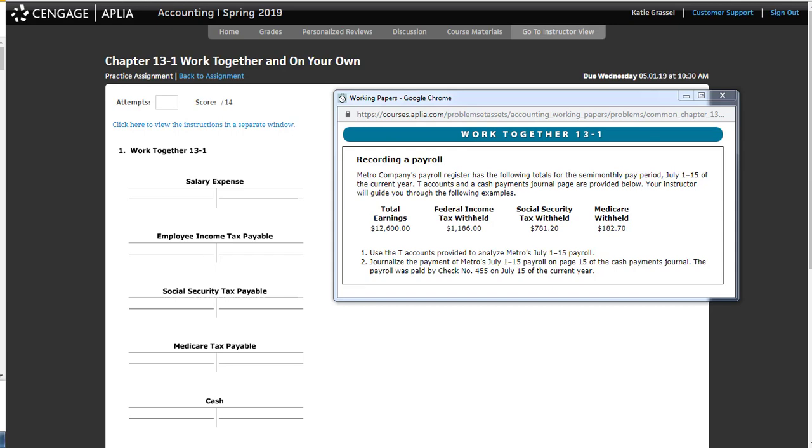Bonds payable. B. I talked about these just... Bonds payable. Oh, bonds payable.